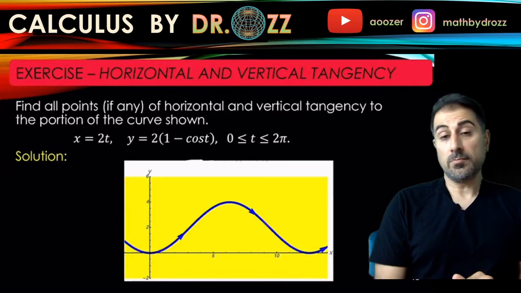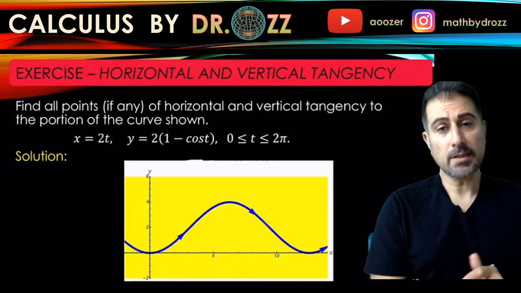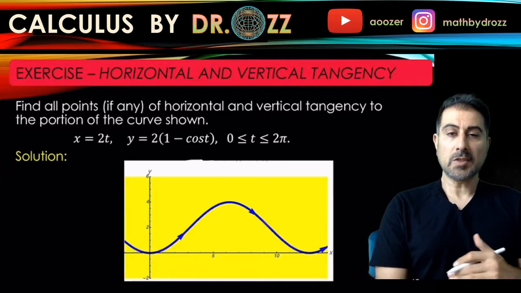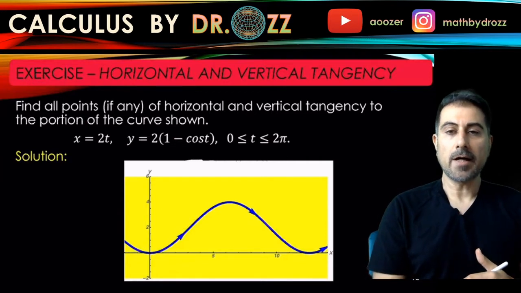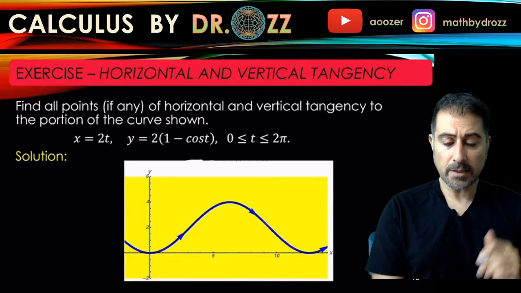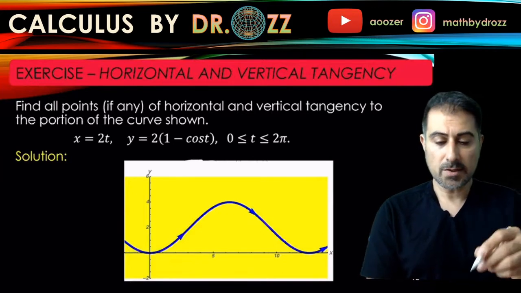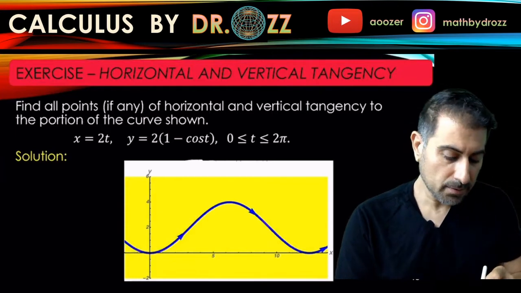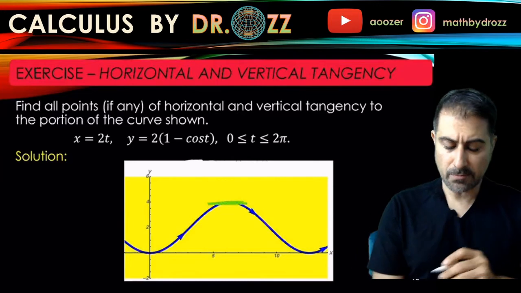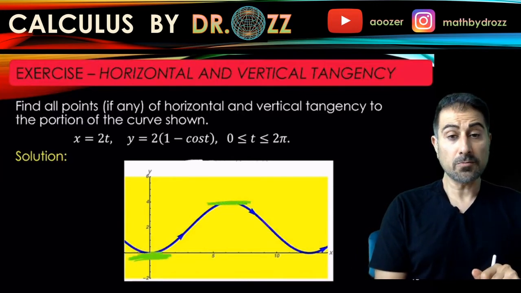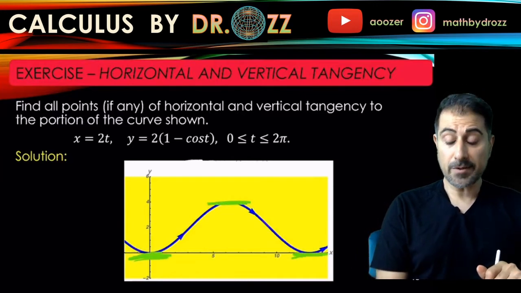All we need to remember from Calc 1 is that you have a horizontal tangent line when the slope is 0, and a vertical tangent line when the slope is undefined. Looking at the curve, I can see horizontal tangent lines at different locations, but I can't see any vertical tangent line around.